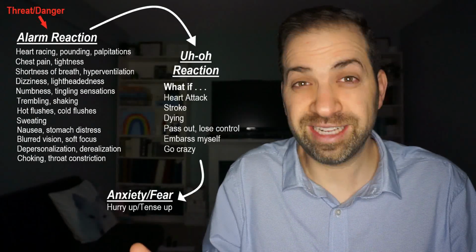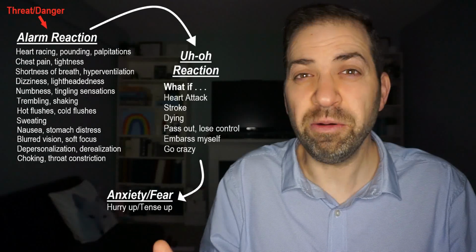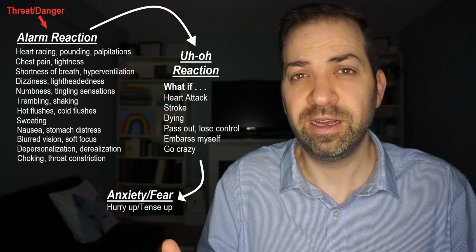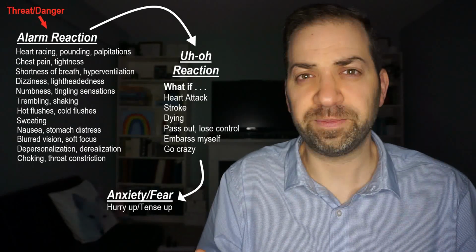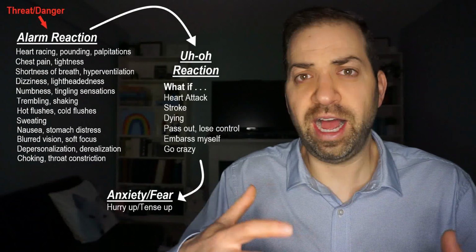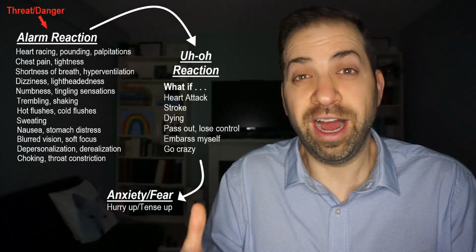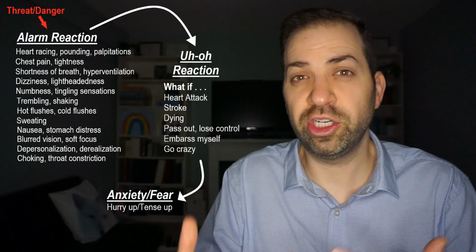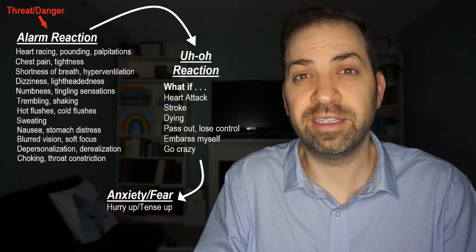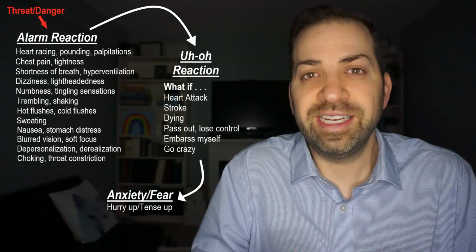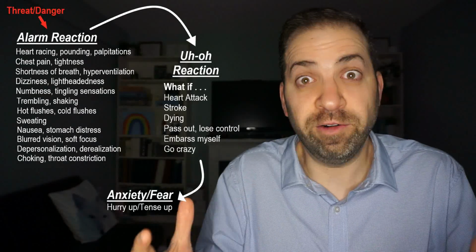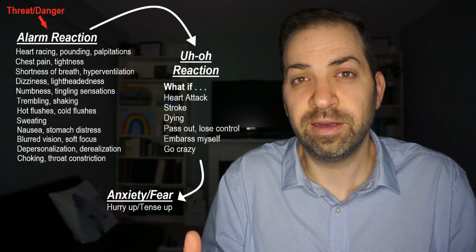Well, it's going to bring up anxiety. It's really scary to have these types of thoughts. So we start to feel anxious. And so I start to hurry up to try and get out of the situation, to try to get to safety as soon as possible. Or I tense up to prepare myself for whatever's coming.